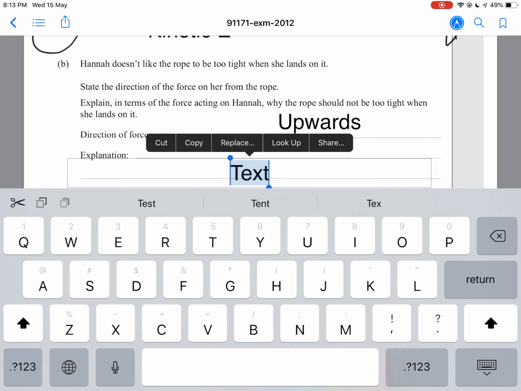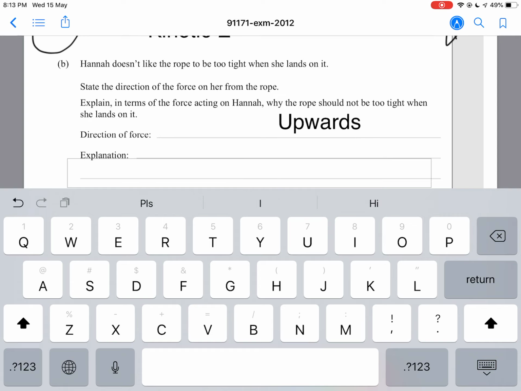My change in momentum is only reliant on the height, and how far I dropped, and how heavy I am. So I'm going to have a constant mass, and then how fast I was moving. Okay, so how are we going to answer this question?